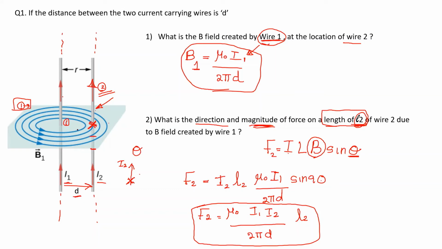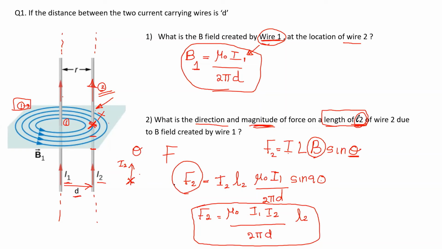Okay, now can you find the direction of the force on this wire? Where should it be? I'm also going to apply the right hand rule. For the force right hand rule, you point your fingers along the current, so they're upwards.